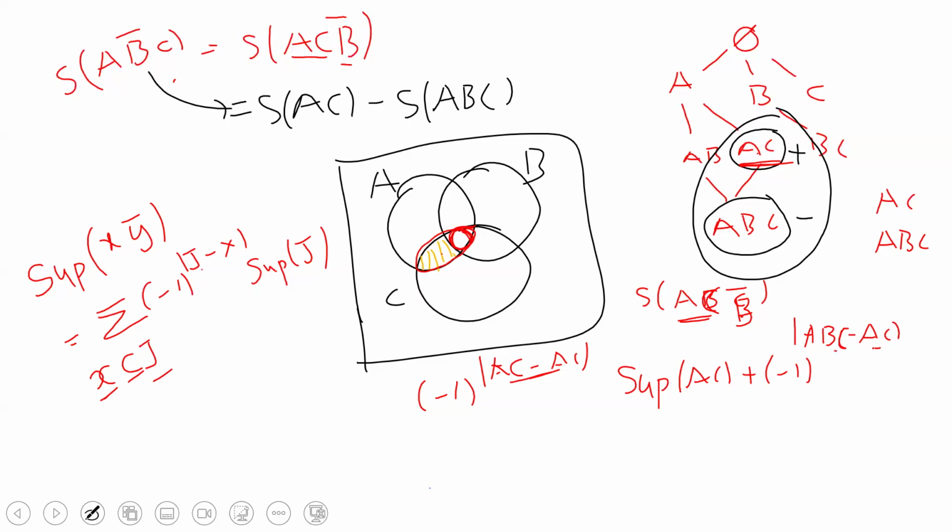Okay. So what is the subtraction? When you subtract this, the difference becomes 1. Minus 1 to the power of 1 is minus 1. So that becomes support of ABC. Okay. So that becomes support of AC, minus 1 to the power of 1 is minus 1, times support of ABC. So we got the same thing.